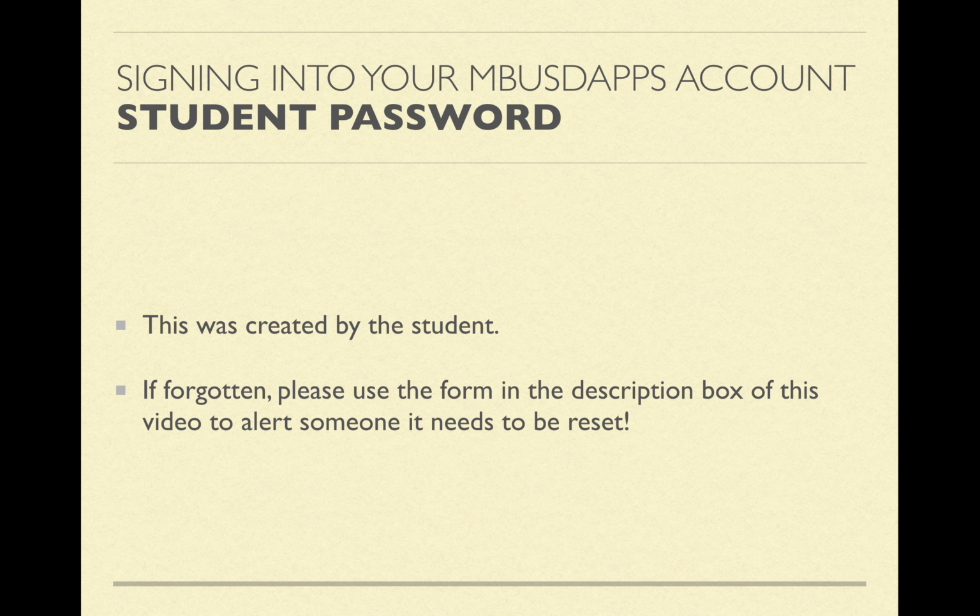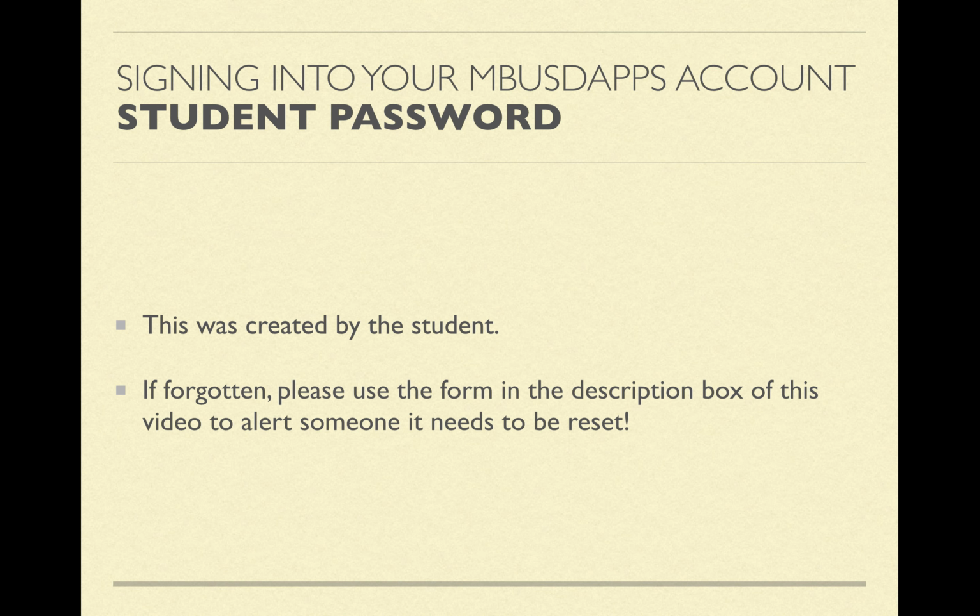Next, your child will need to enter the password that was created for them or that they created. If your child can't remember their password and they're at the elementary level, reach out to your teacher and they will likely have a generic password for all students. If your child is in the upper levels, either middle or high school, they likely created their own password.